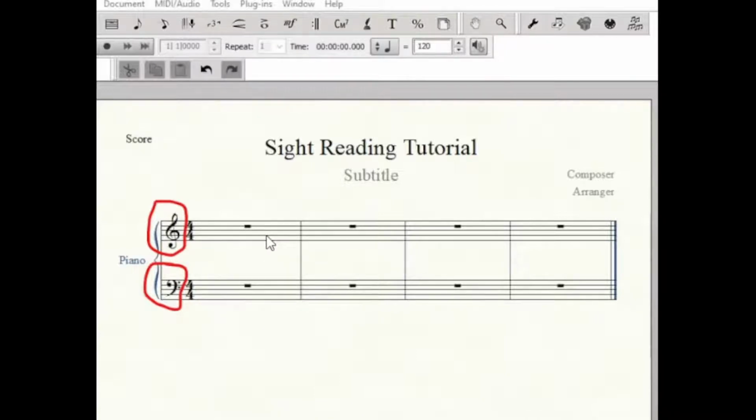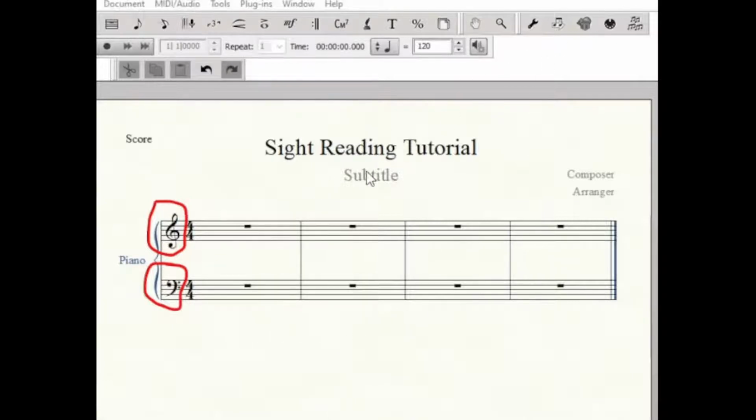Most of us know that higher notes are on this clef and lower notes are on this clef, or in many cases the right hand is playing this clef and the left hand is playing this clef, but not always. And we'll get more into that as we advance in this channel.